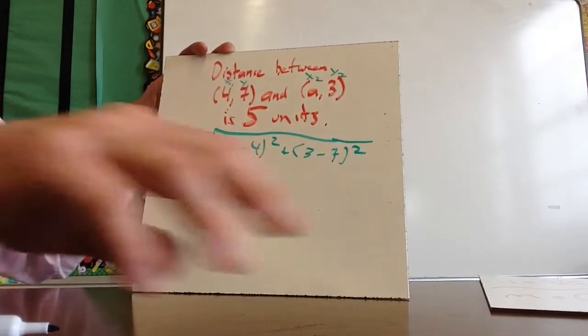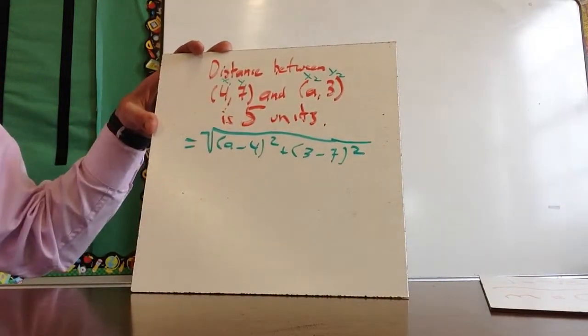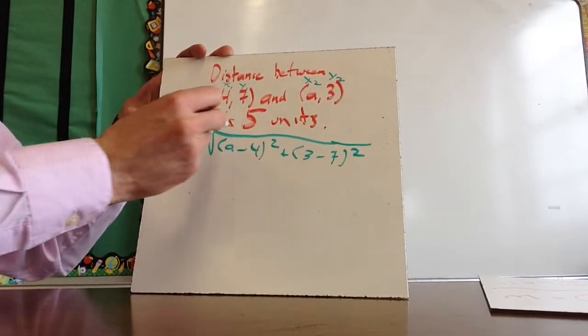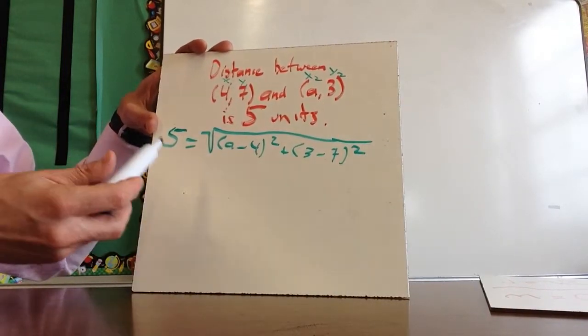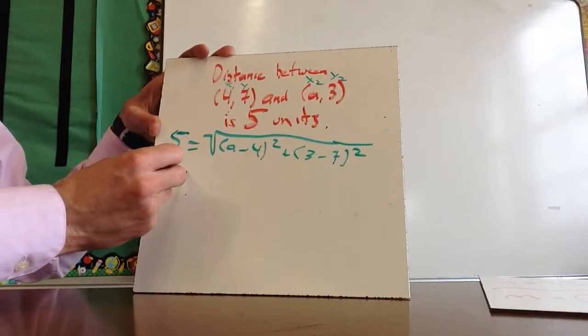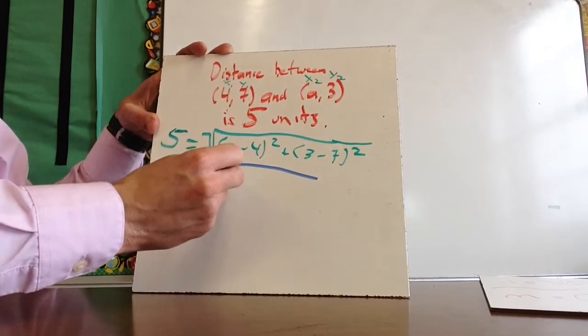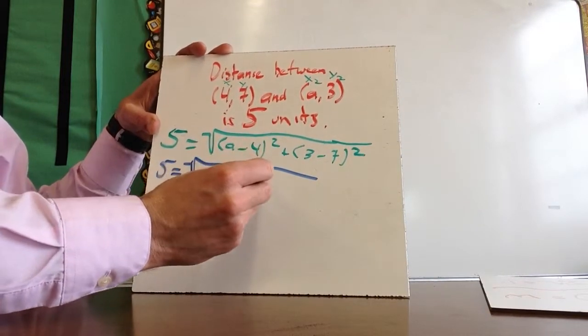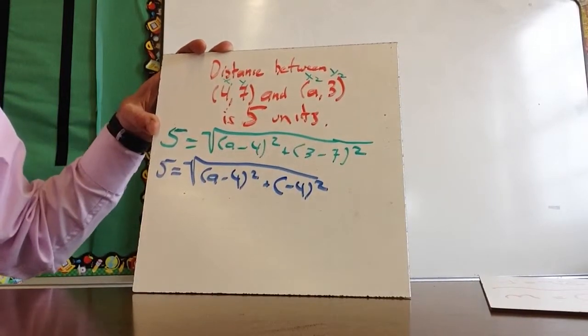All right, and now, sorry, I shouldn't have necessarily written distance because we actually know the distance. The distance is going to be 5, right? That was given to me. So you'll notice I only have one unknown so far. That's a. So I got 5 equals the square root of (a minus 4) squared plus negative 4 squared.